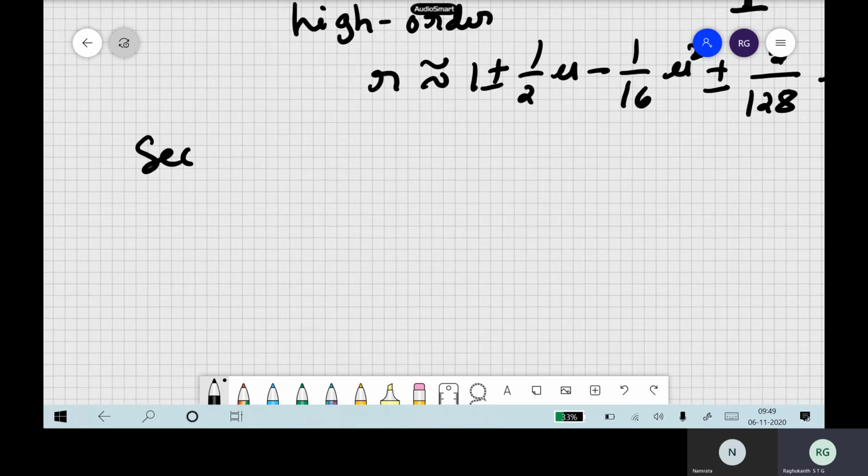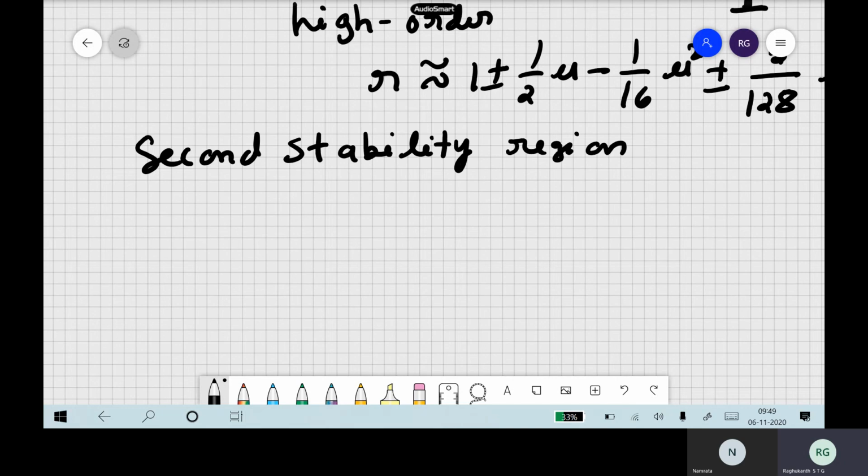Now if you want to go for the second stability region, which one you have to do now? Second stability means T. So you have to go for A, and we wrote even terms we have to see.